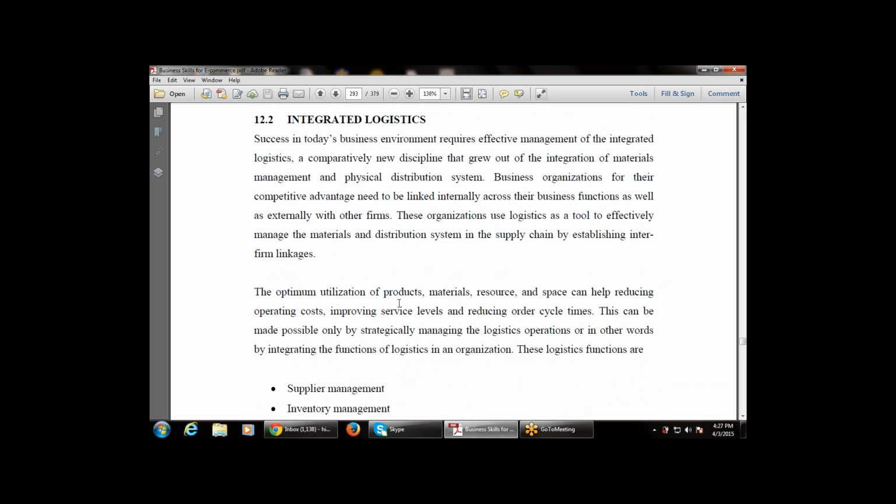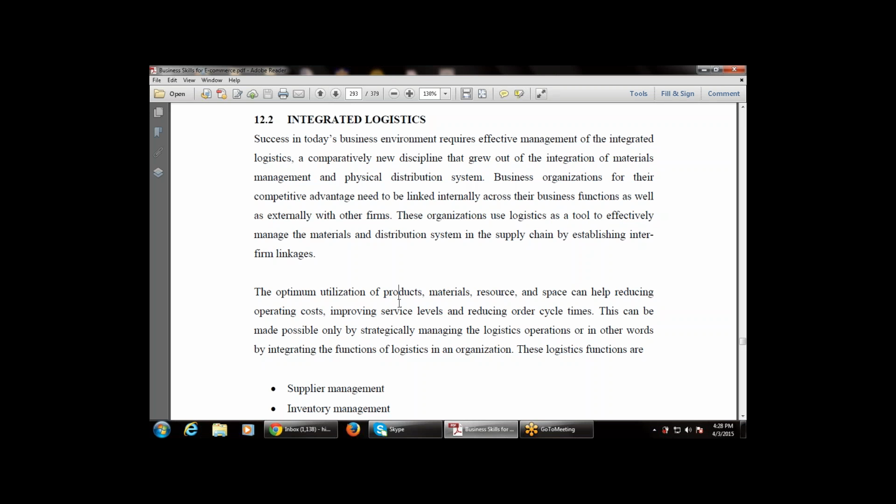This can be made possible only by managing the logistic operations, or in other words, integrating the functions of logistics in an organization. So to manage the material and to handle the physical distribution system, there will be a usage of logistics in the organization.